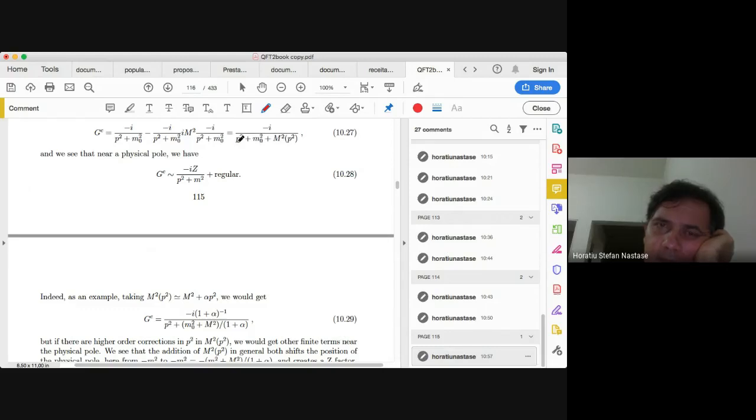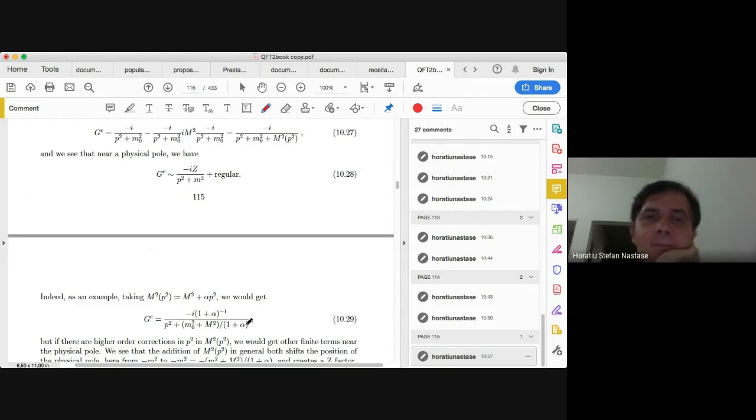But then I have to divide by 1 plus alpha in order to have p squared in the denominator. So I write this as minus i times 1 plus alpha to the minus 1, divided by p squared plus m0 squared plus capital M squared over 1 plus alpha.